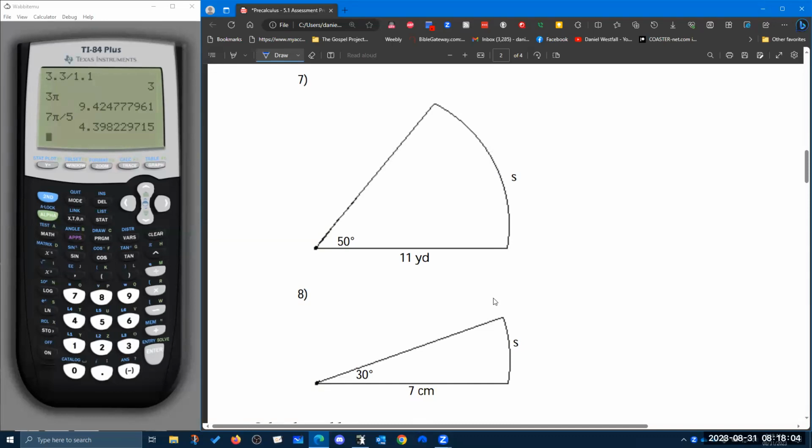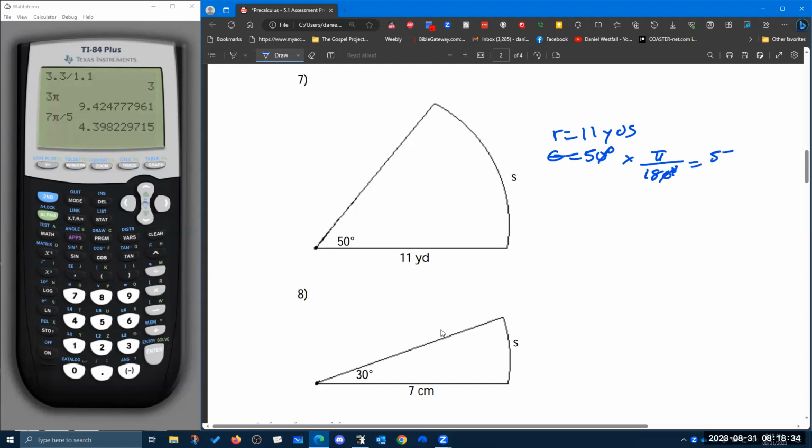Now they give us our angle in degrees, so we need to watch out for that. R is equal to 11 yards. Our theta, they said, is 50 degrees, but we need to change that to radians. So let's multiply by 180 in the bottom and pi in the top. Degrees will cancel. Both are divisible by 10.